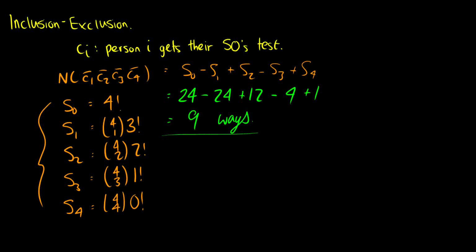So it's doable for 4 cases with inclusion-exclusion because there are not that many conditions to do.